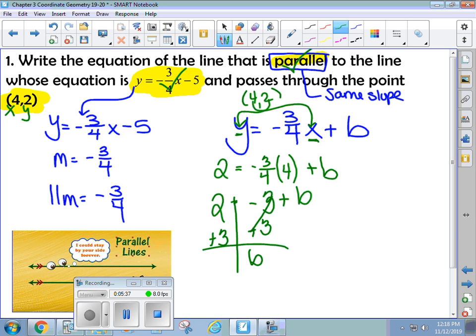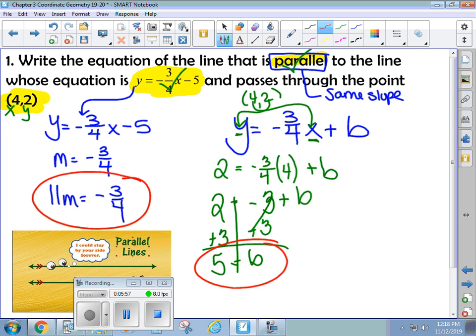I know that b is 5. Am I finished? No. Why not? Right, what did you ask me for? It's the equation of the line, right? We know m, we know b, so now I can write y equals mx plus b.